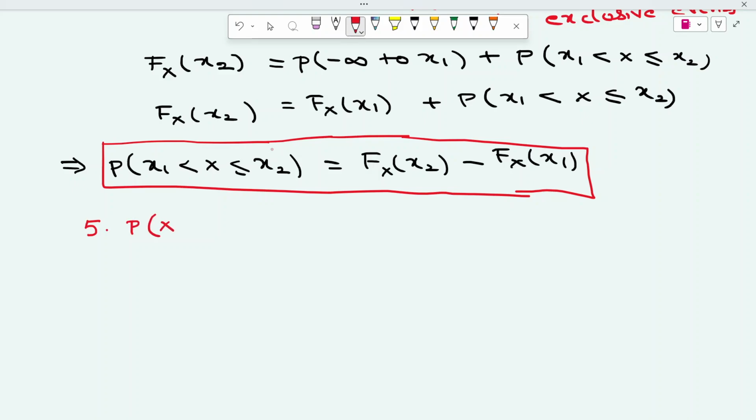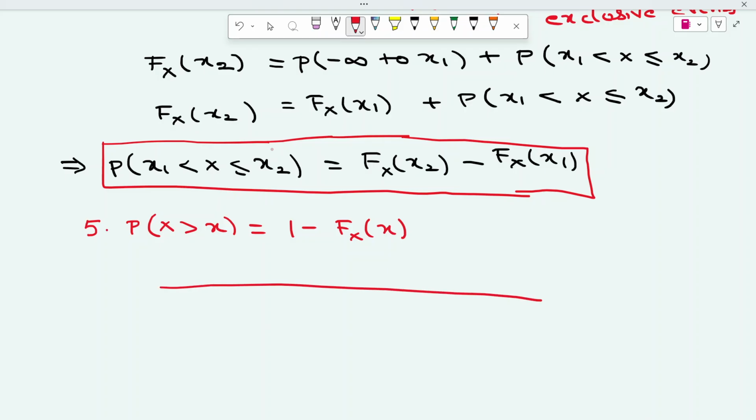Next one, the fifth one: probability of x greater than small x is given by 1 minus Fx of x. So this also, if we draw the real axis, for example this is x.